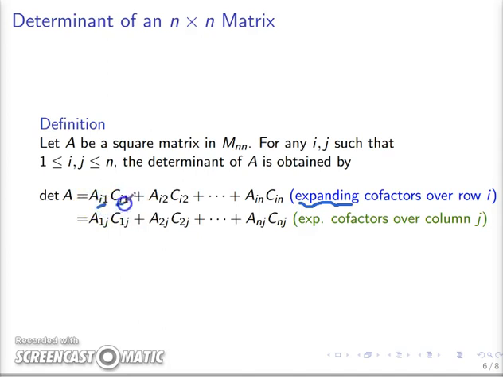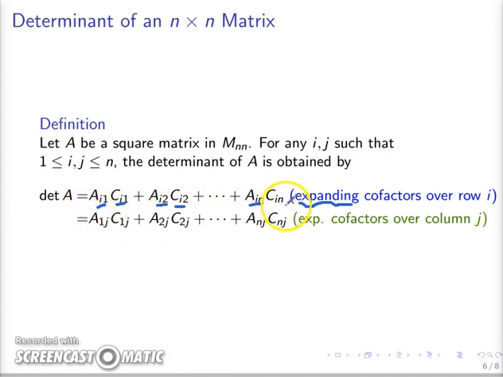See how the first index along every term of this sum, which could be considered a linear combination of the cofactors, having the entries of the matrix as coefficients, is occurring over row I, and therefore the first index is I: row I, column 1, row I, column 2, row I, column 3, all the way to row I, column n.